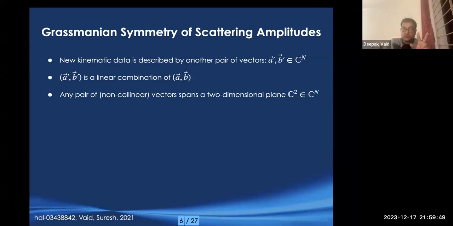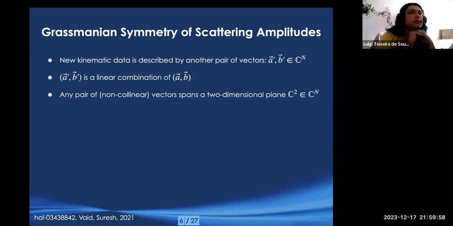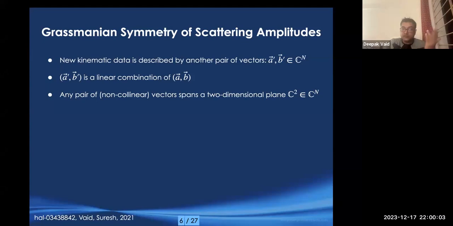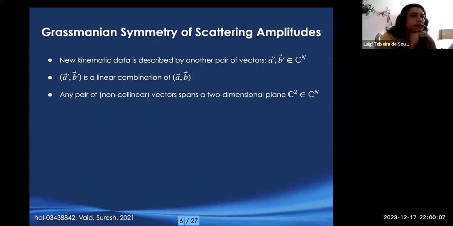If you have any two vectors, and they're non-collinear, then they span a two-dimensional subspace in your vector space.